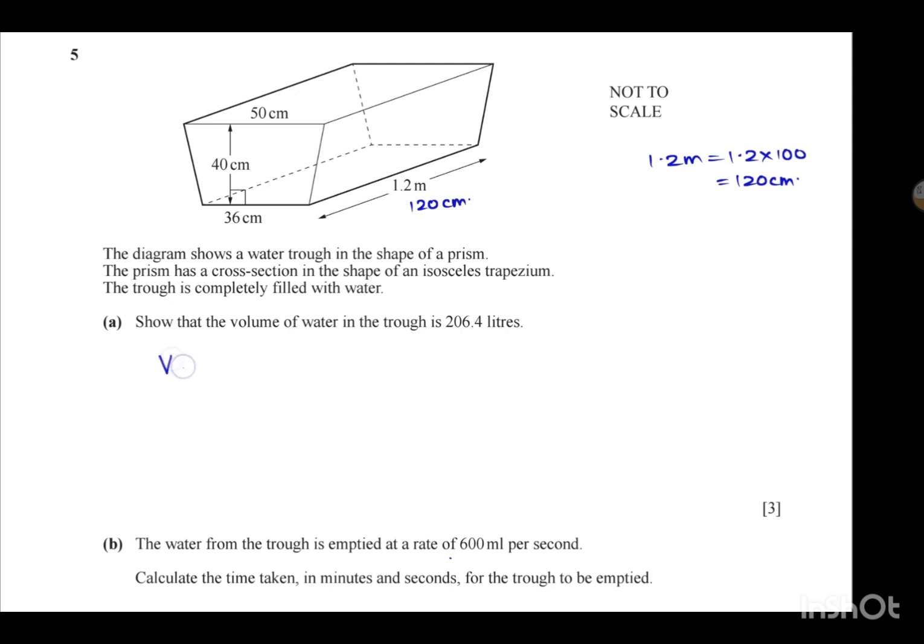The volume will be the area of trapezium multiplied by 120 centimeters. Area of trapezium is half into the sum of the parallel sides, 50 plus 36, multiplied by the height, which is given as 40, then multiply the whole thing by 120.